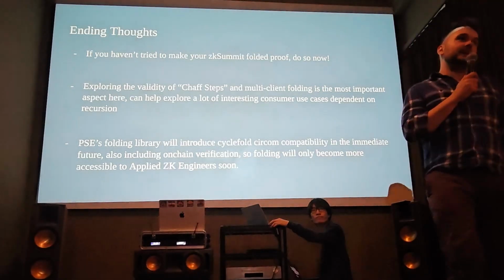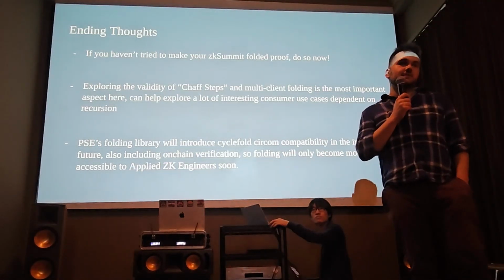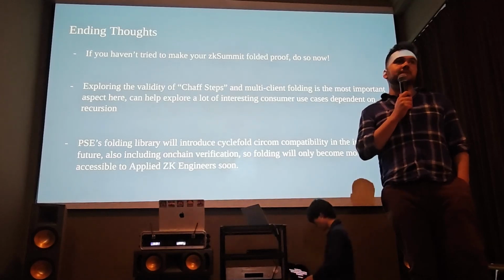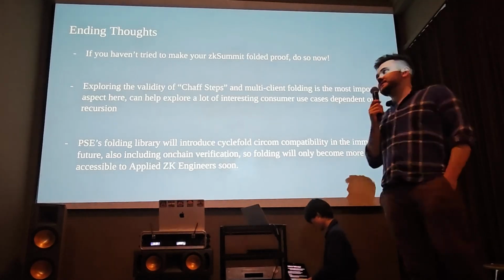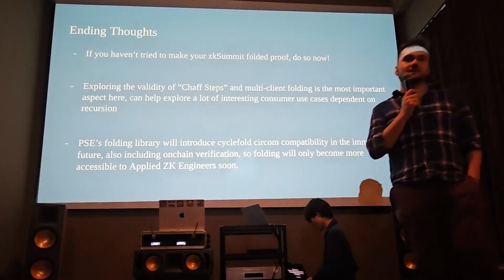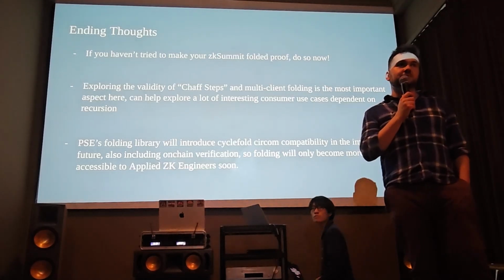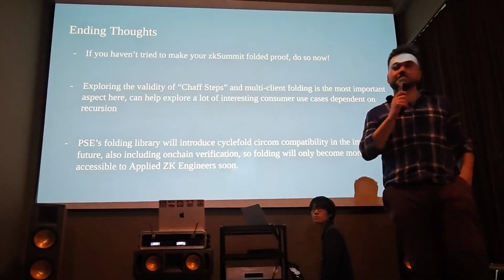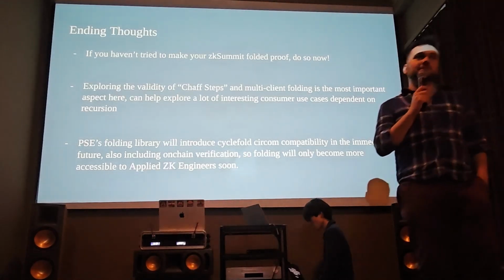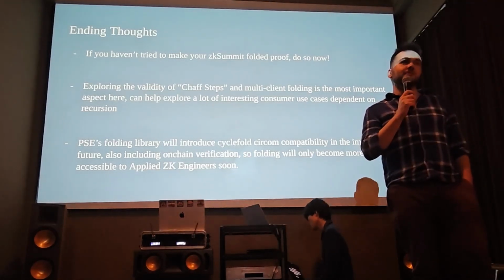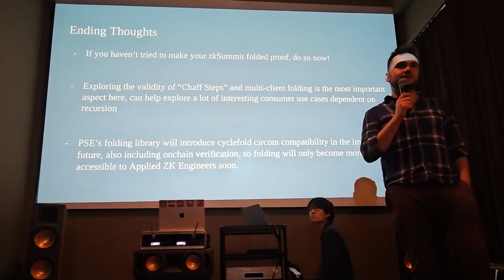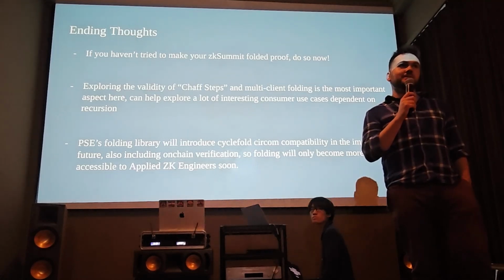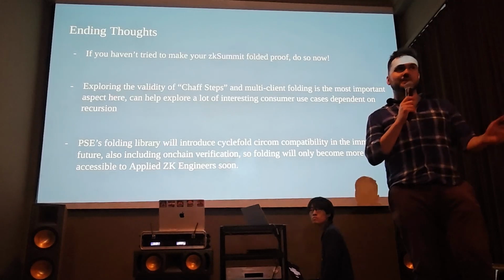They do have to be the same shape, at least in Nova. I think there are other schemes that allow you to do different shapes. I don't know if that's CCS or what, but specifically with this, you have to have the same kind of circuit. So if you want to do different things, you're basically using a multiplexer, computing all of it and choosing the signal you want.